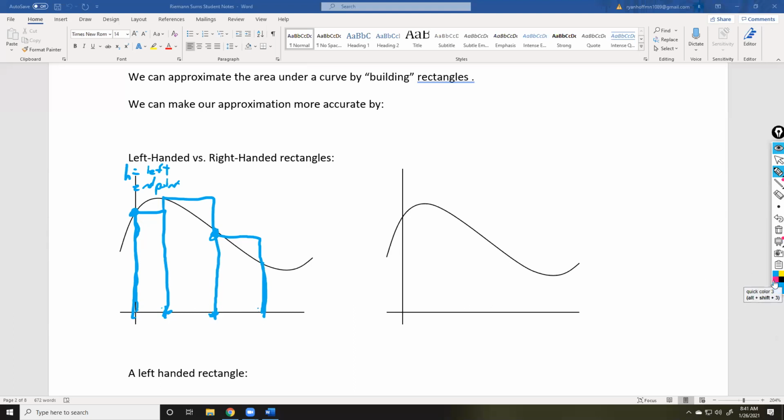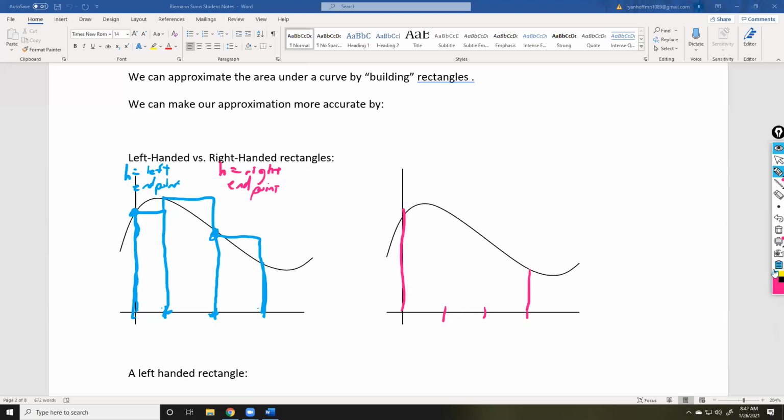Now, if we were to do this with a right-handed rectangle, then our height is going to be the right endpoint. So again, we're going from here to here. And I'm going to mark off again. We'll call this 1, 2, and 3.